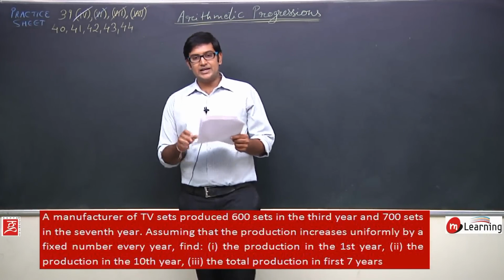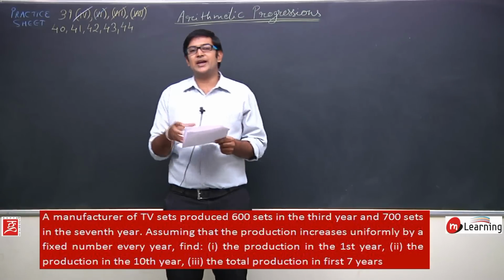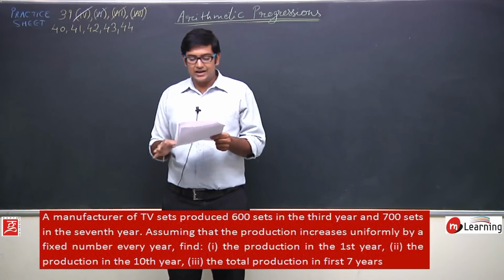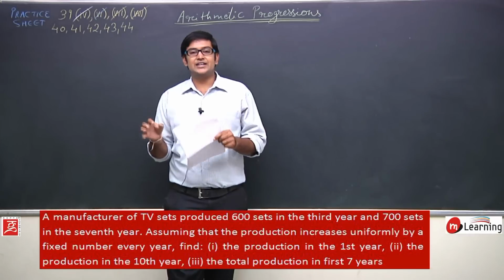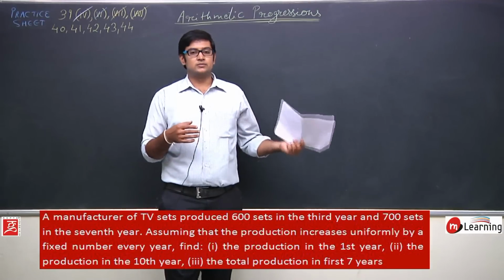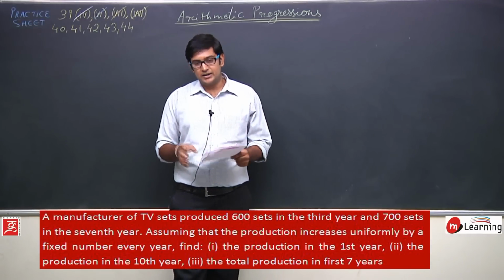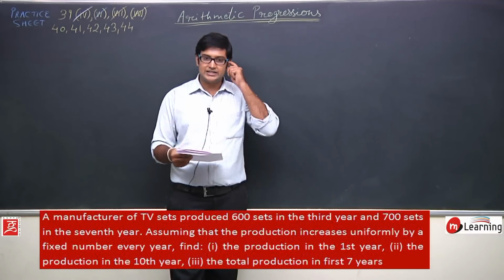Okay, so by just reading this question once, what exactly can you grasp from this question? It says that the TV manufacturer made 600 TV sets in the 3rd year of its installation of his plant, and then in the 7th year he made 700 sets.